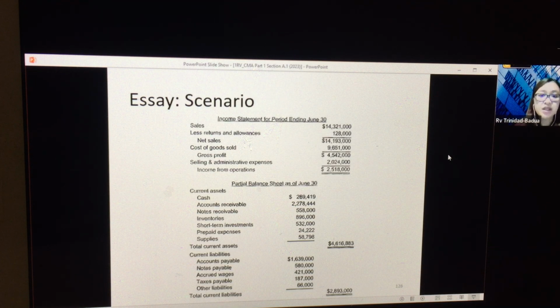So this is your income statement and your partial balance sheet. I'm assuming you have a copy. So, okay, income from operations, 2,580,000. Partial balance sheet would show us your total current assets of 4,660,883, and total current liabilities at 2,893.